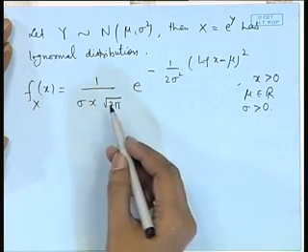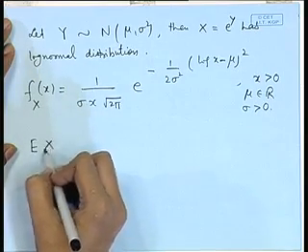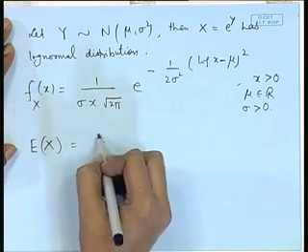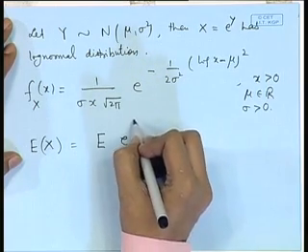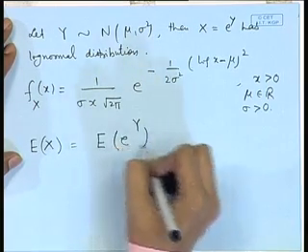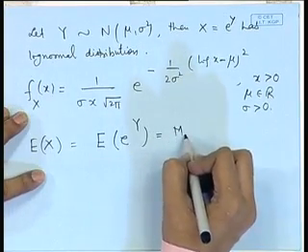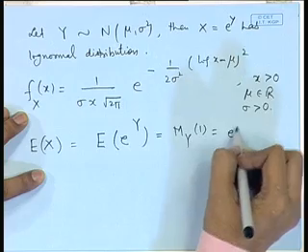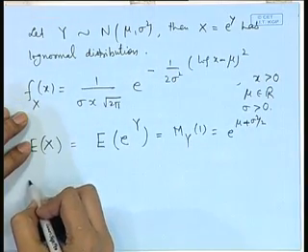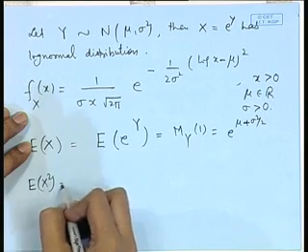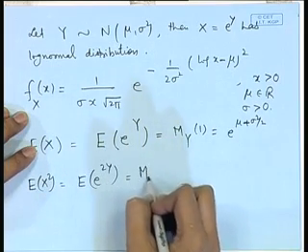The moments of the log normal distribution are obviously in the form of the moment generating function of y. So the mean is nothing but the moment generating function of y at 1, that is e to the power mu plus sigma square by 2. If we consider the second moment, it is equal to expectation of e to the power 2y, that is the moment generating function of y at 2.